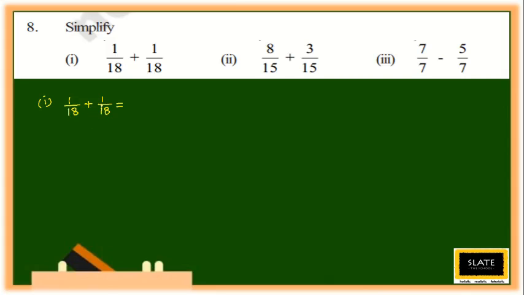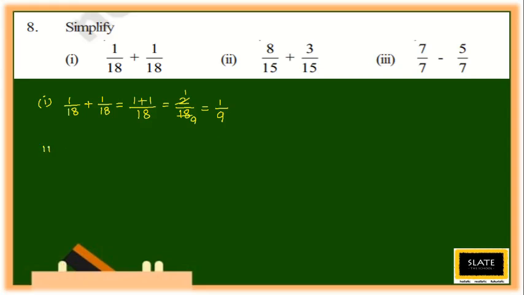Simply add the numerators by keeping the same denominator. So 1 plus 1 is 2 by 18. Now it can be simplified, right? 2 ones are 2, 2 nines are 18. So what is the answer? 1 by 9. Answer is 1 by 9.